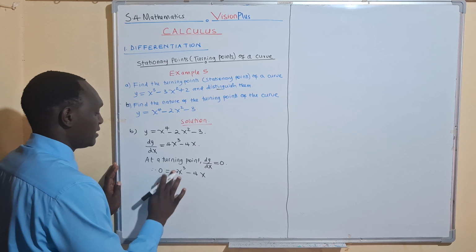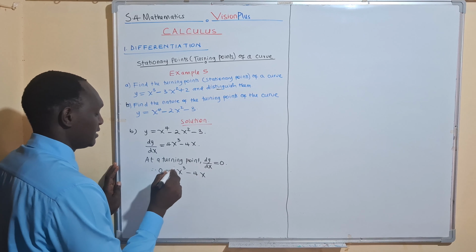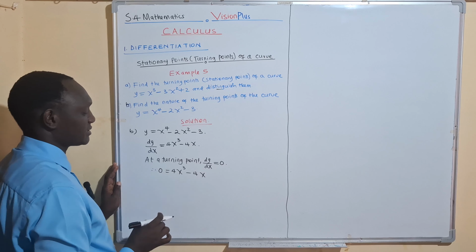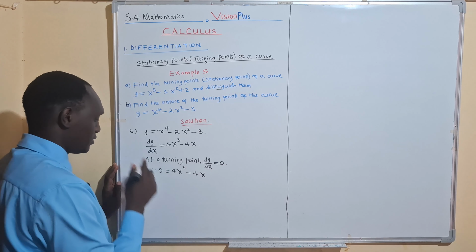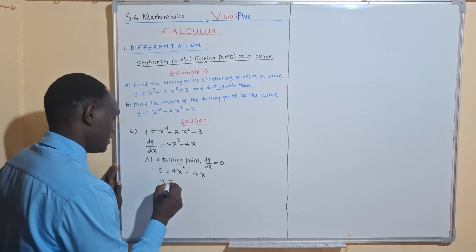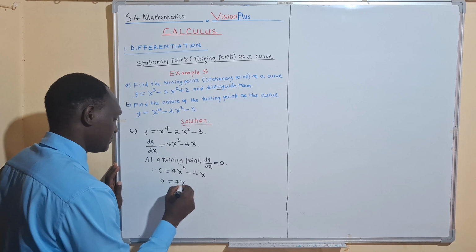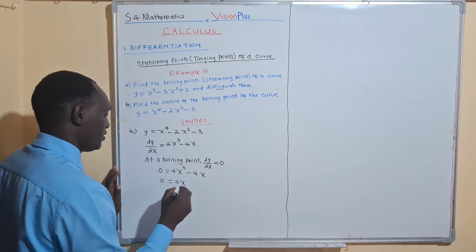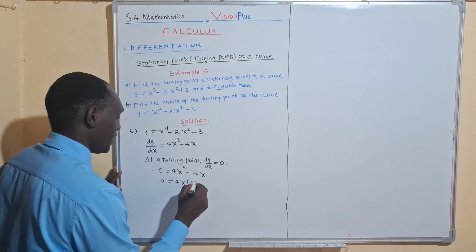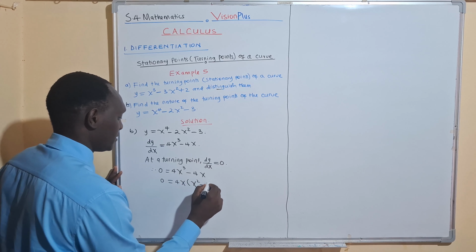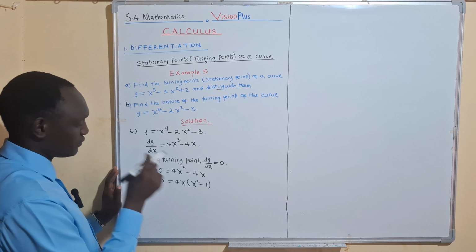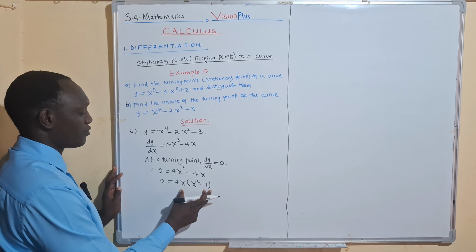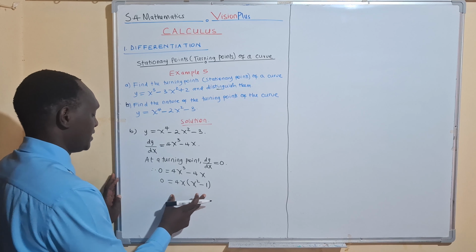Then we factorize. This expression has a degree of 3. So let us factorize. 4x is common, right? 4x is common into x squared minus 1. Make sure you know how to factorize. If you don't know, go back to S.4 Mathematics and you have a playlist.